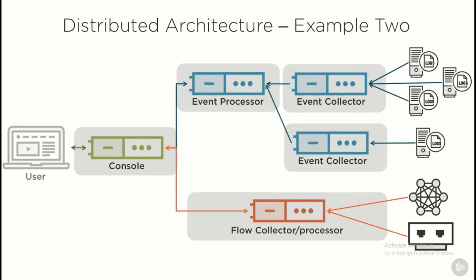And if you are in a small organization or company, you can choose the centralized architecture example. You may have all components in one single box. This architecture is called all-in-one, which has all the components in one single box. Basically, this box does the collection, processing, and user interface.